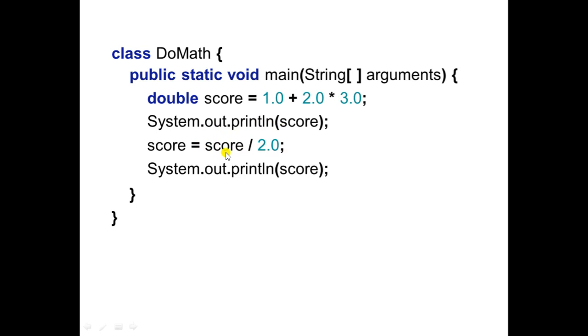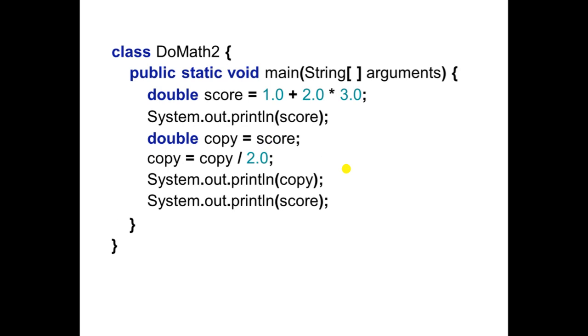The previous value of score, 7.0, is divided by 2.0, and whatever value results will get overridden in the score variable. As it is a variable, you can update it, you can vary the content. Then you are printing the updated value of score with System.out.println score.